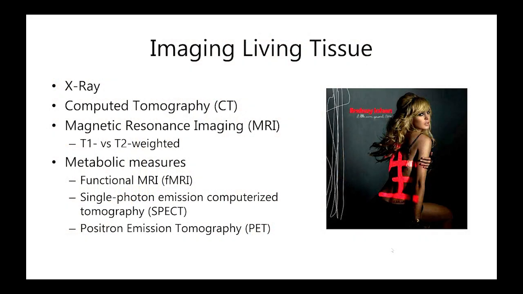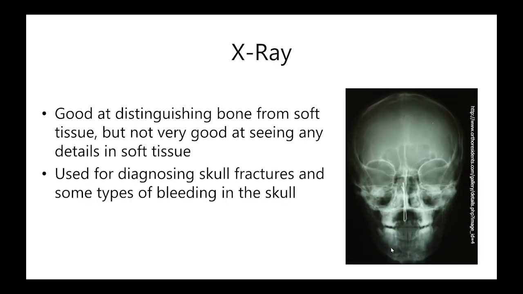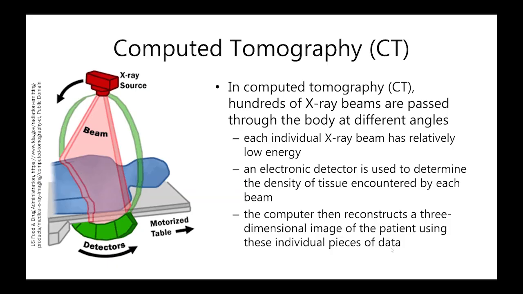And then with advances in computer technology, somebody got the clever idea of shooting X-rays from a whole bunch of different directions, but at a lower dose so that it interacted more with the brain tissue. The problem with X-rays is that they're so fast, so energetic, that they don't stop to interact with brain tissue like they do with bone, which is why you can see bone a lot better than brain on X-rays. But if we use a low-dose X-ray, then it's going to interact more with the brain tissue.